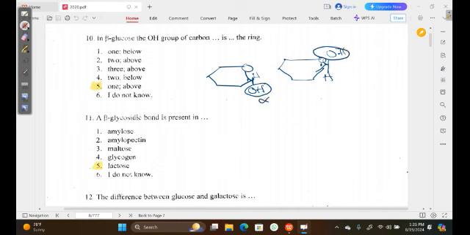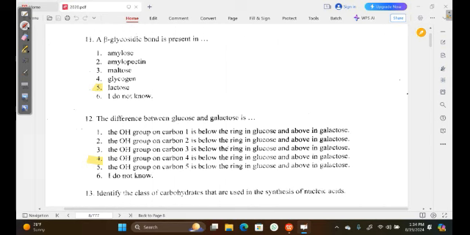Amylose is a form of starch, as well as amylopectin. But the difference between these two is that amylopectin is branched, so it will definitely have two forms of bonds, while amylose is actually a linear sugar.